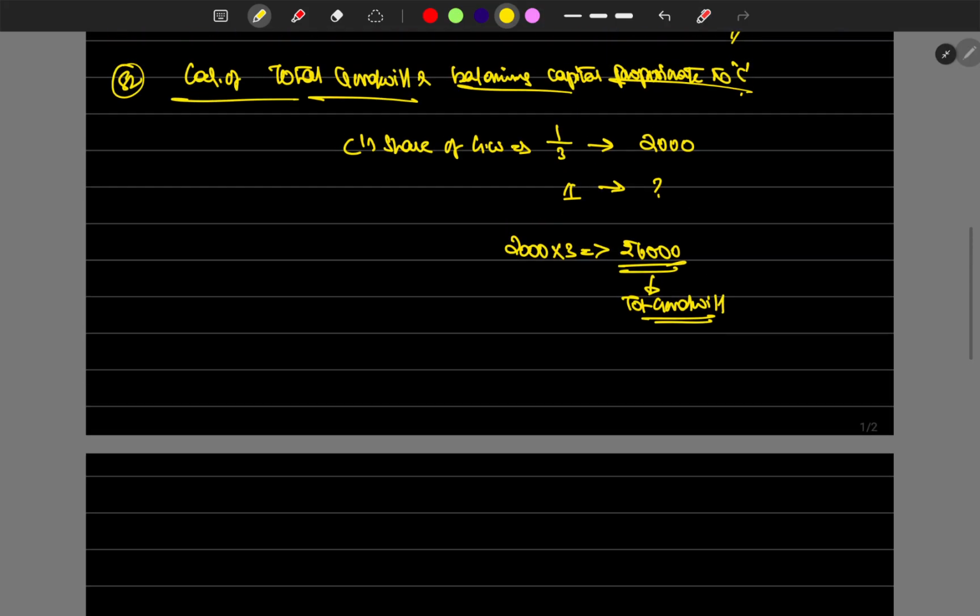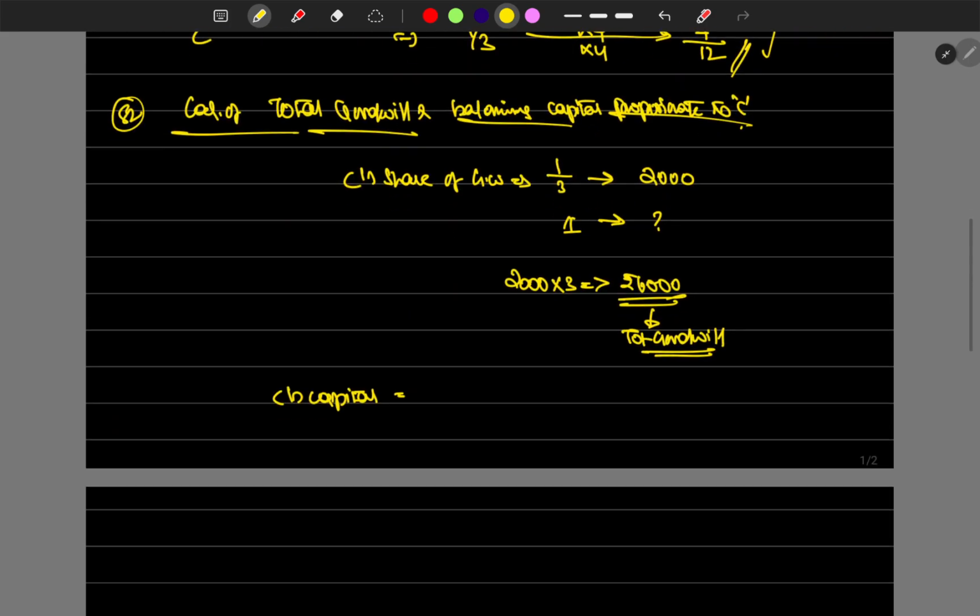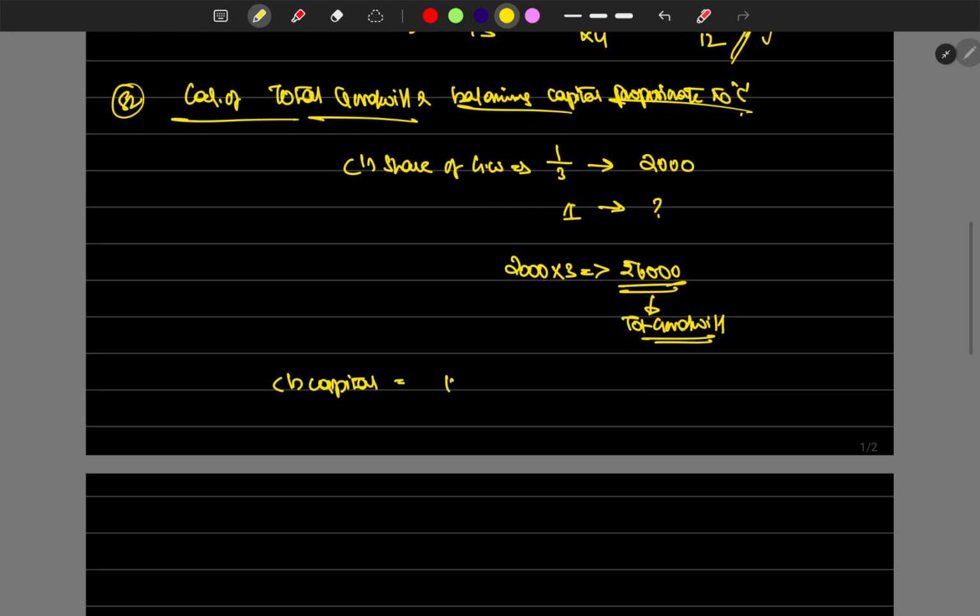Then let's balance the capitals also. What's the existing capital balance? C's capital brought into the business is 10,000. Then what would be the total capital required if this is 1 by 3? Obviously rupees 30,000, which is 10,000 into 3.